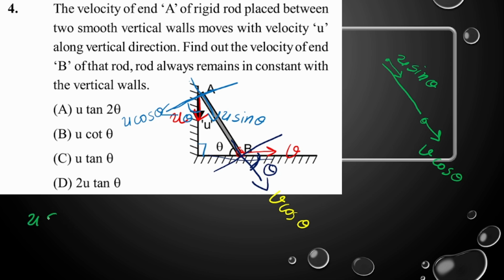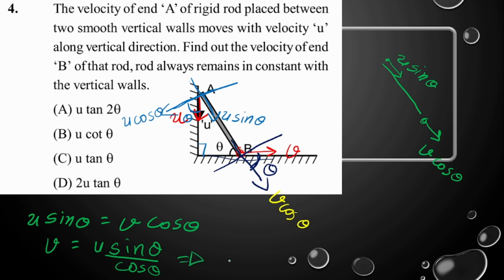So u sin theta equals v cos theta, and from here we can say v equals u sin theta by cos theta, which implies v equals u tan theta. V comes out as u tan theta. So this is our answer.